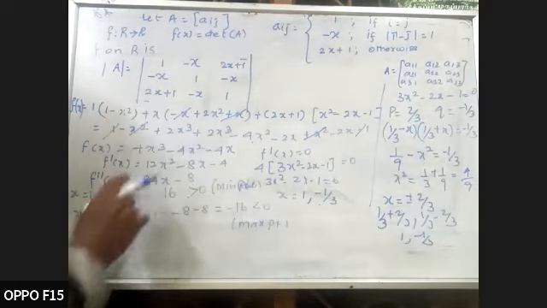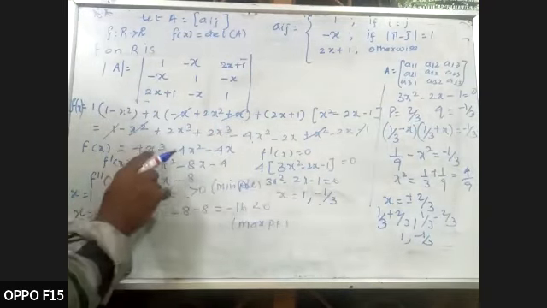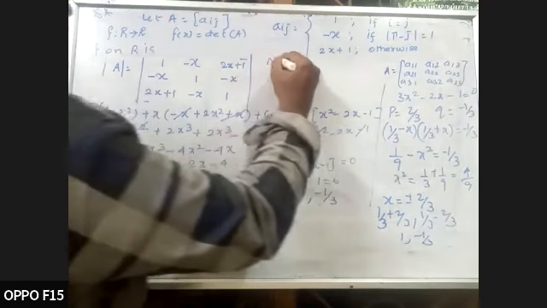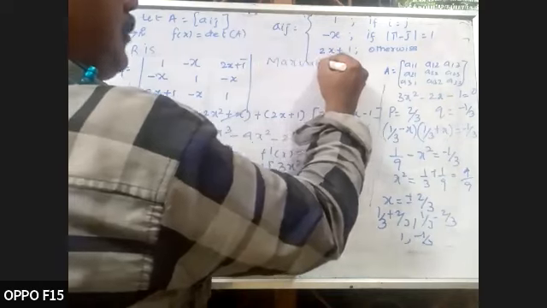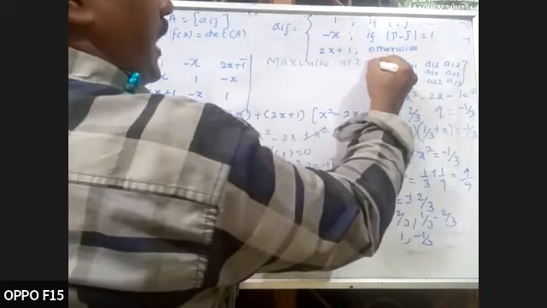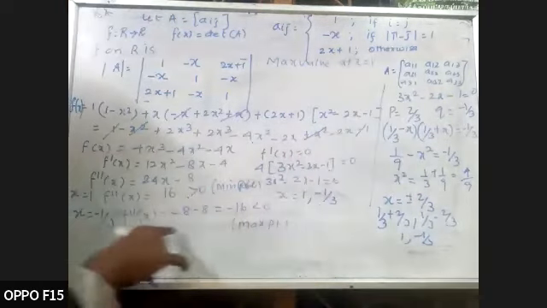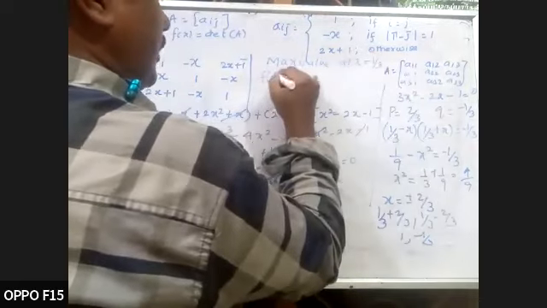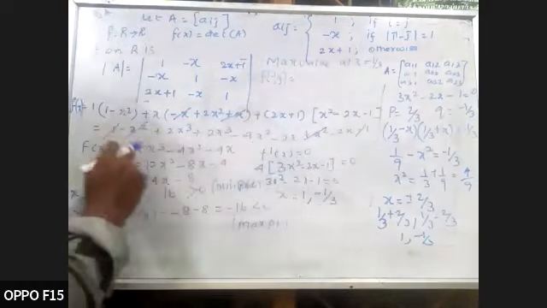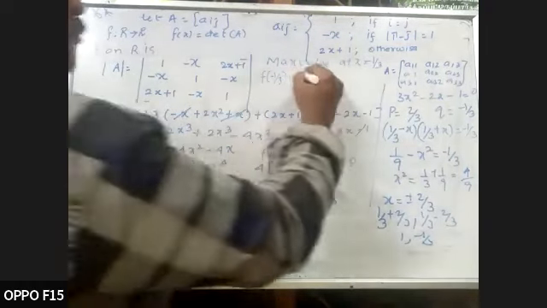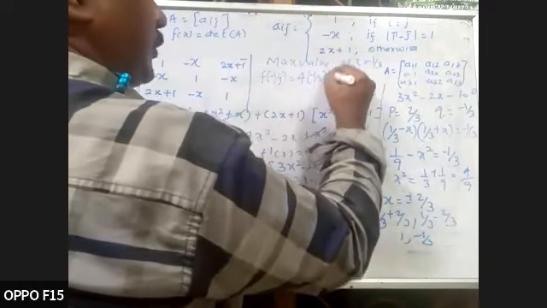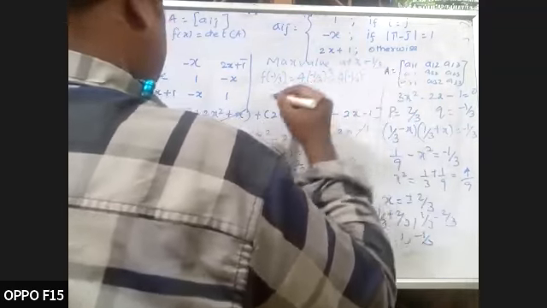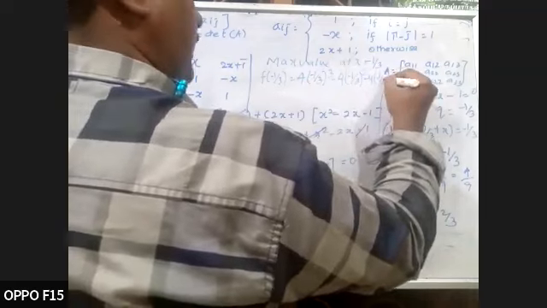அப்ப இது எத்தனை எங்க போறோம்னா f of x. Your f of x is 4x cube minus 4x square minus 4x. We just find out the maximum value at x is equals to -1/3. So your f of -1/3 is equals to, wherever x comes you put -1/3. 4 into -1/3 the whole cube minus 4 into -1/3 the whole square minus 4 into -1/3.